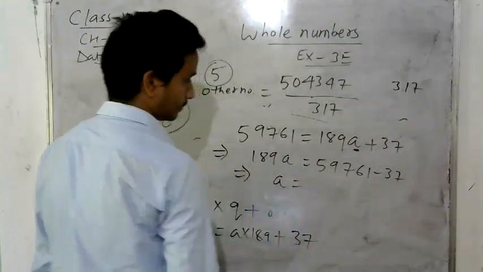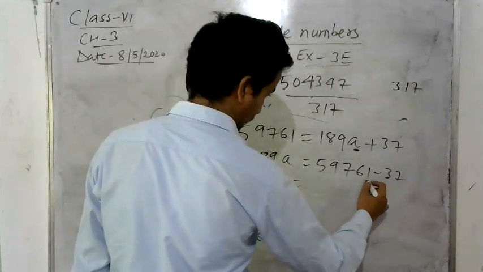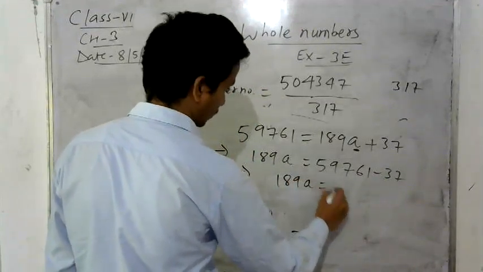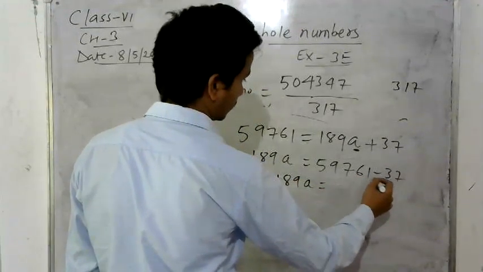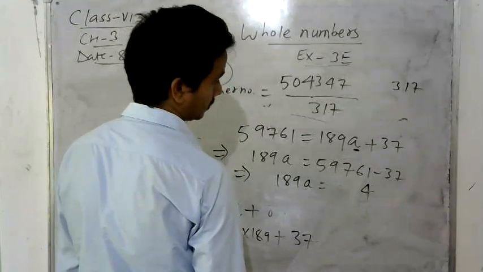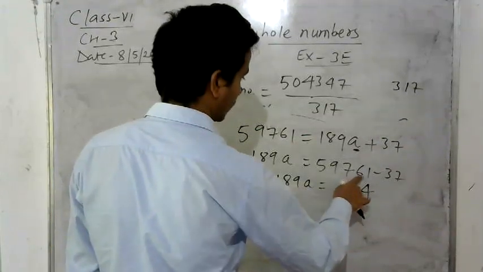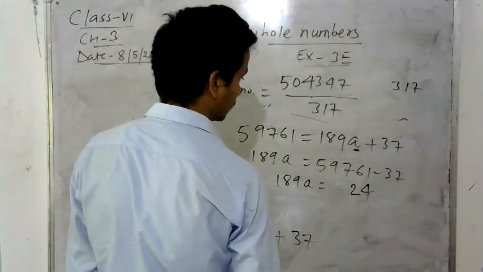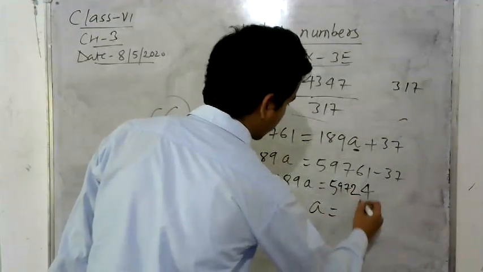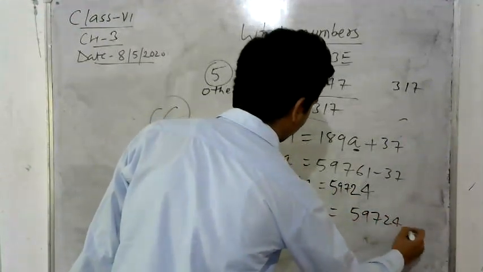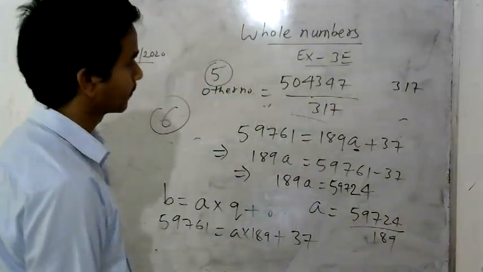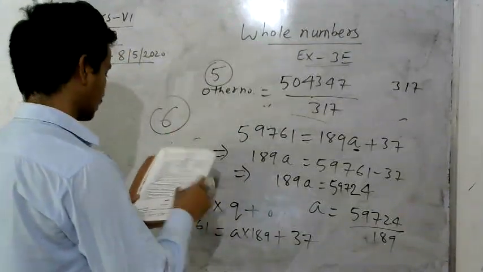Subtracting, 11 minus 7 is 4, and 5 minus 3 is 2, and 597. You will get 59724. Now A is the divisor, so divide 59724 by 189 and you will get the answer. In this way you will solve such types of questions.